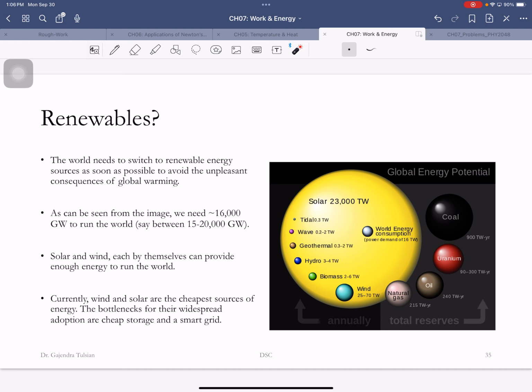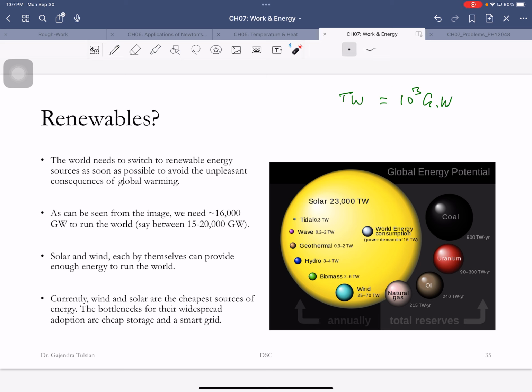What do you need to run the world? How much? 16,000 Hoover dams. That's 16 terawatts. A terawatt is a thousand gigawatts.